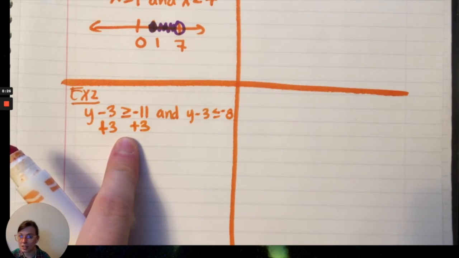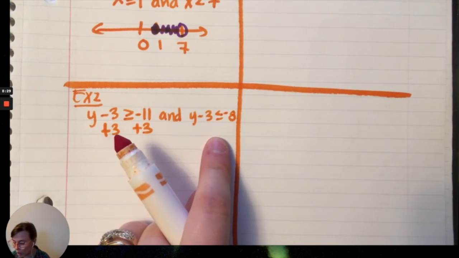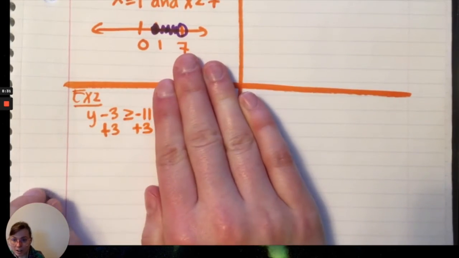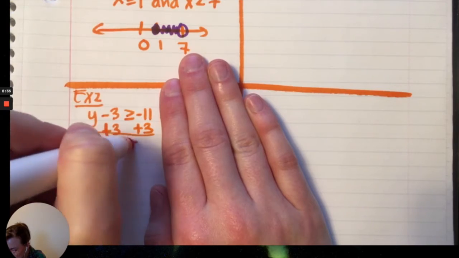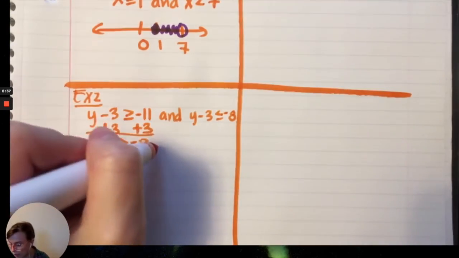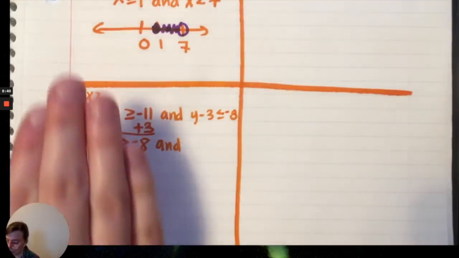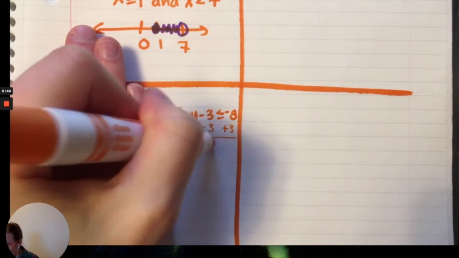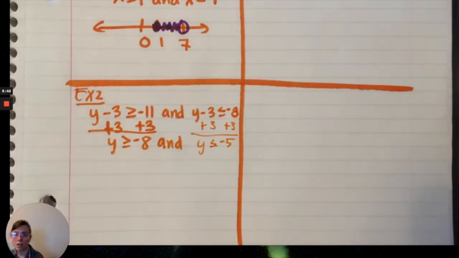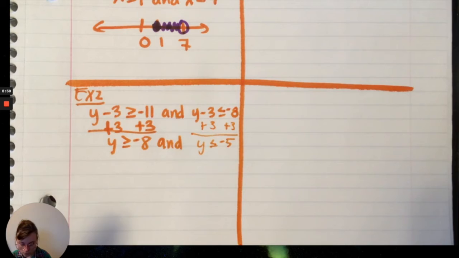Yes, it happens that I add 3 over here as well, but I'm solving one at a time. So this turns into y less than or equal to negative 8. I'm going to bring down the word and, and now I'm going to solve this one over here separately.